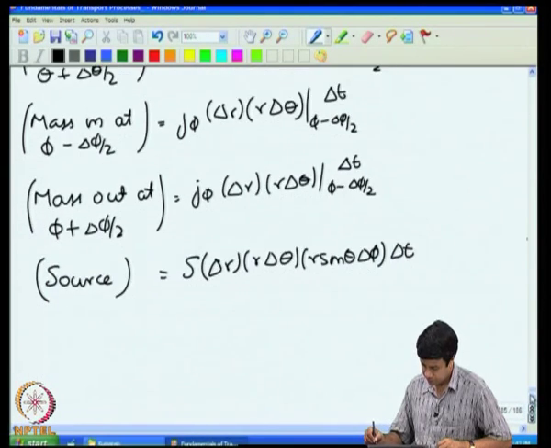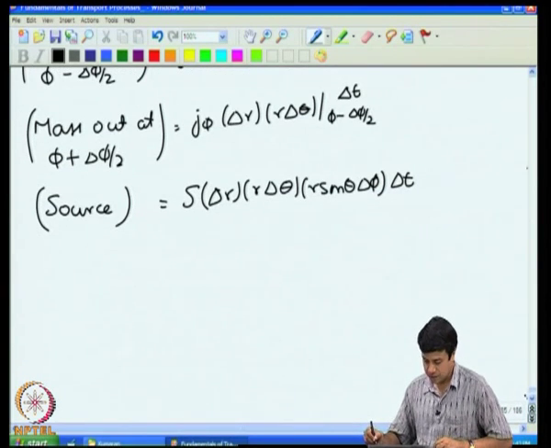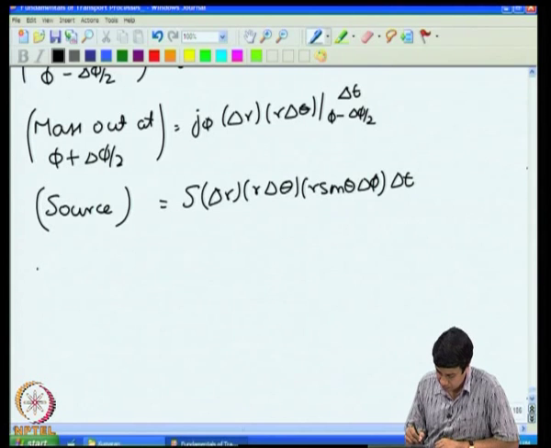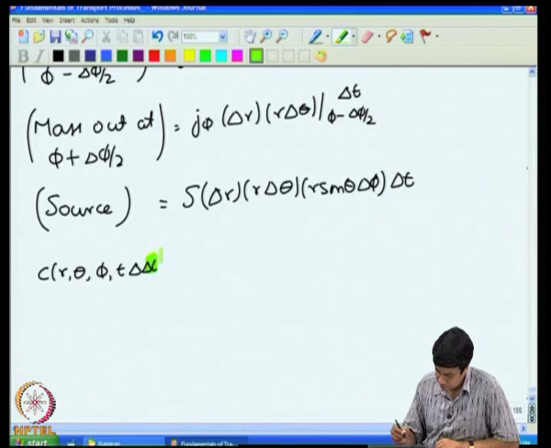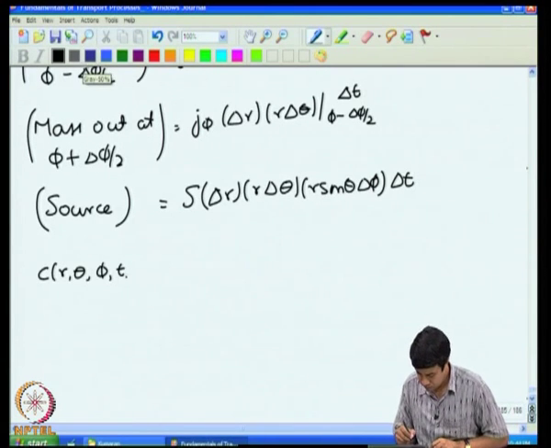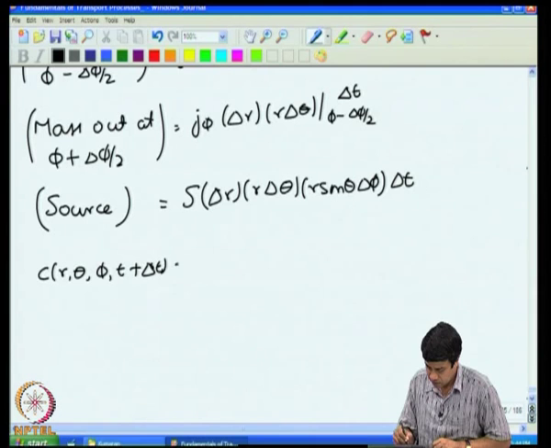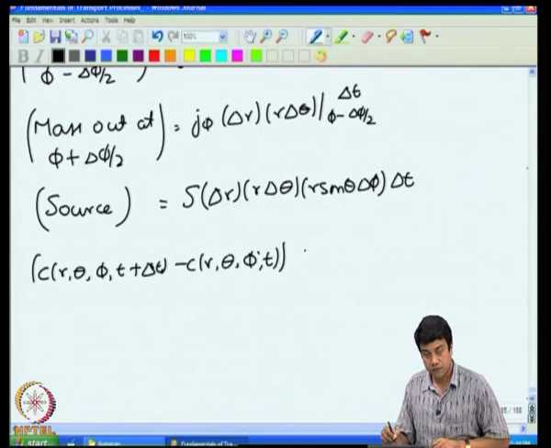Okay. So, we put all these together to get the final differential difference equation. So, this gives me the concentration, C at r theta phi t plus delta t minus C at r theta phi t, into the volume. Okay.